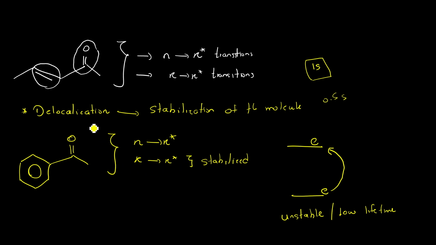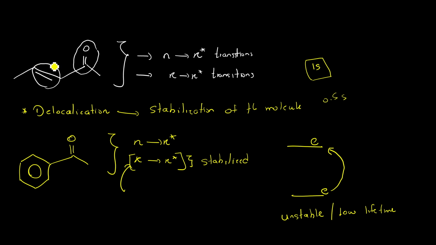So delocalization results in the stabilization of the molecule, and with that stabilization you will have much higher lifespan transitions, otherwise excited states. That's why when you have higher delocalization, you will choose the pi to pi star transition as the main transition, and go through the reaction mechanism with the pi to pi star transition.